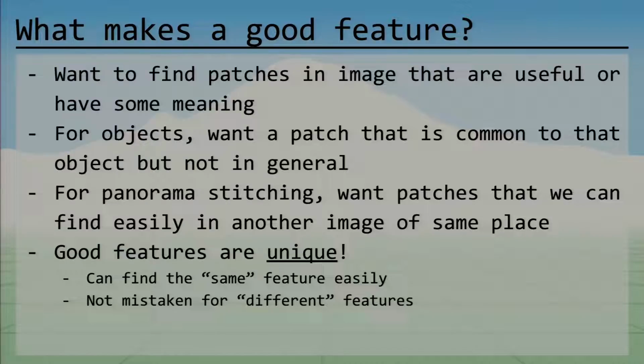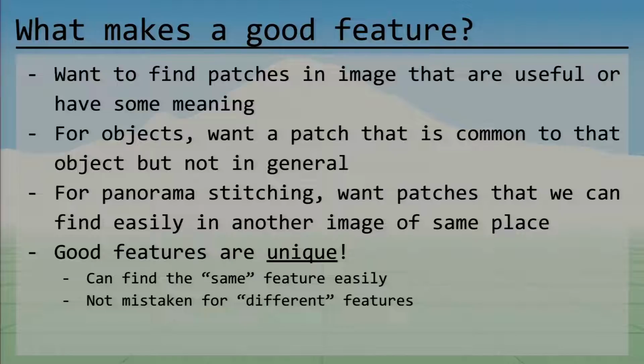Especially for objects, we want a patch, or some descriptor of the thing that we care about, where we're going to be able to find it really easily when it actually exists in our image, and we're not going to get confused with other patches or other features that might look sort of similar.